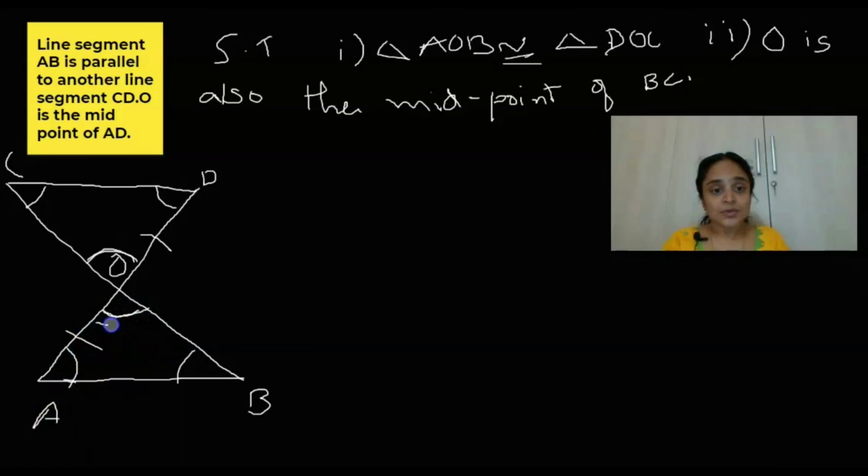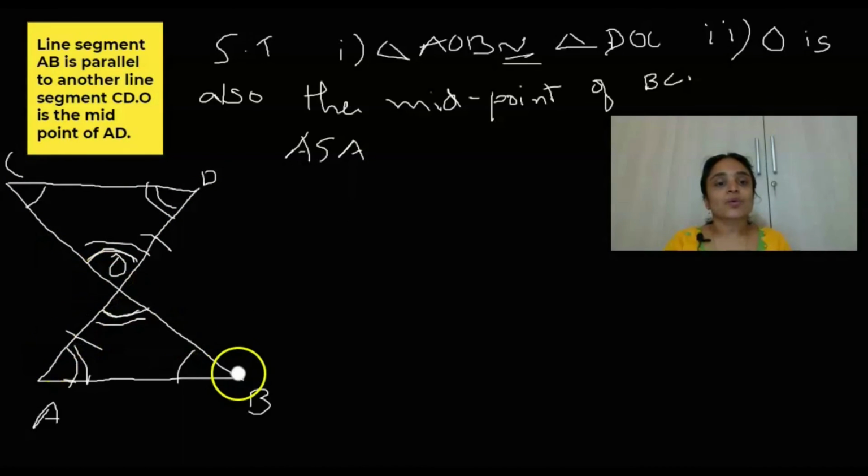So two angles and one included side are equal, that is it satisfies ASA criteria, which means these two triangles are congruent, that is triangle AOB is congruent to triangle DOC.